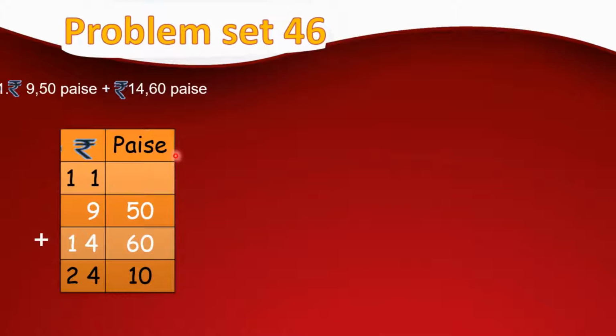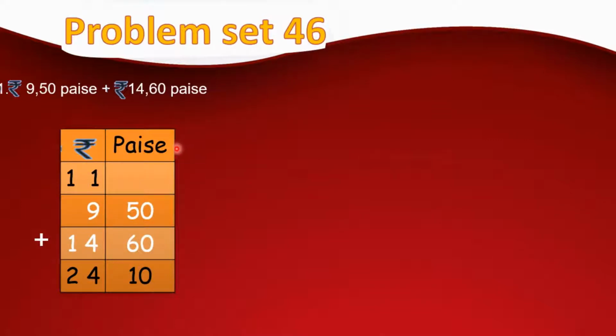So we make two columns, one for rupees and one for paise, and we'll arrange the given quantities under the proper column. So we write 9 in the rupees column and 50 in the paise column. Also we write 14 in the rupees column and 60 in the paise column.